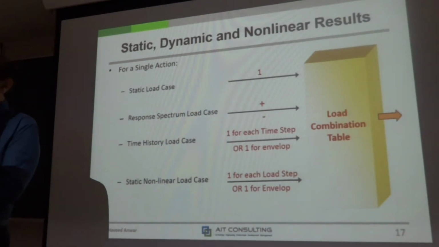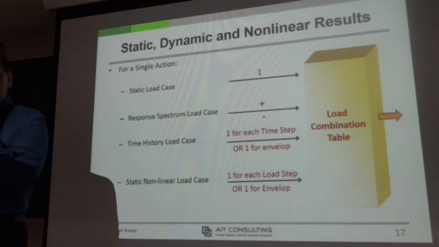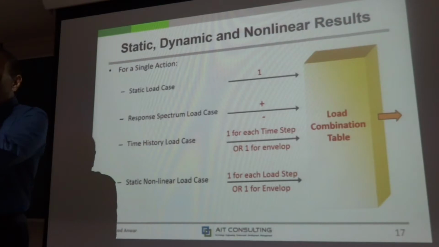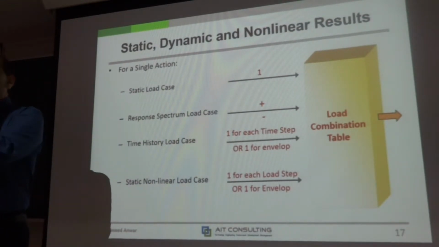Imagine now the start of an earthquake. Building is static. You have certain column properties. Let's say the column is not cracked, so the cross-section property is being used, and everything is fine. Now, after 0.01 second, the building moved a little bit in this direction. At that time, because of the inertia and everything, forces changed, and because of that change in force, cracking may have started, properties may have changed, so now it's a different model altogether.